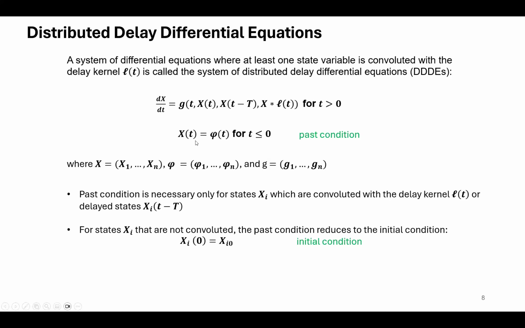This is a system of differential equations in a vector notation. It has this right-hand side that depends on some time-dependent inputs and the states themselves. General distributed delay models also allow the presence of discrete delays, which I'm not going to talk about. But the key feature is that at least one state in such a system has to be convolved with the probability density function for the delays, and I call that function the delay kernel for short.